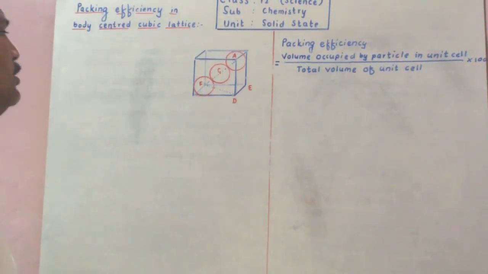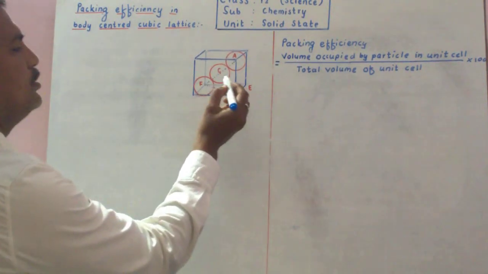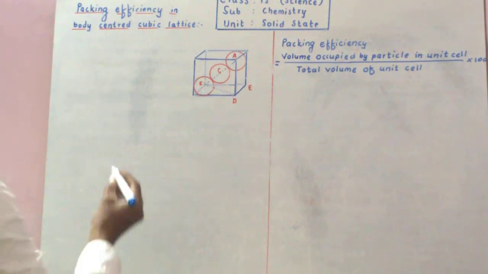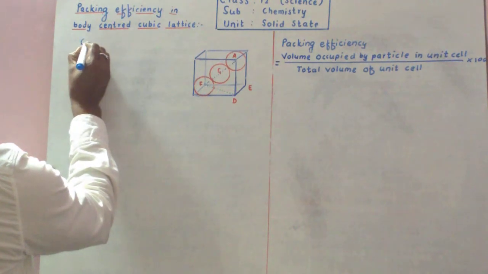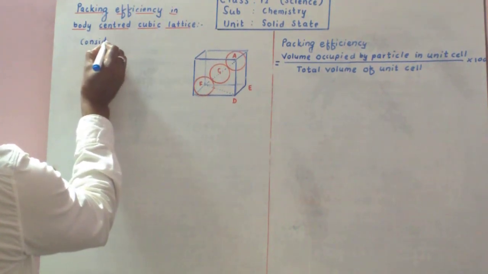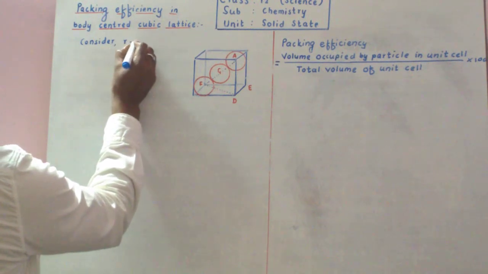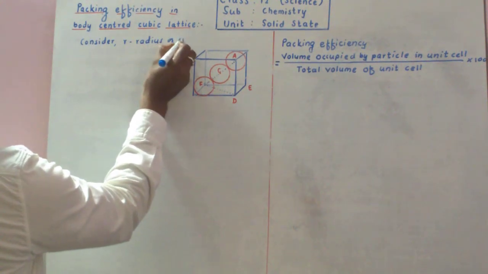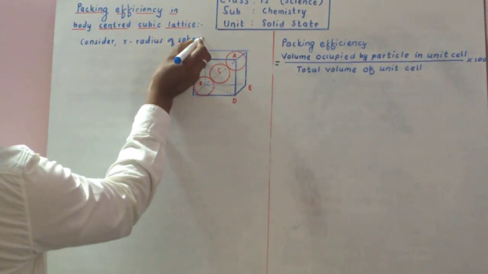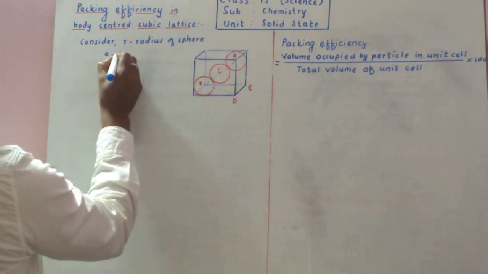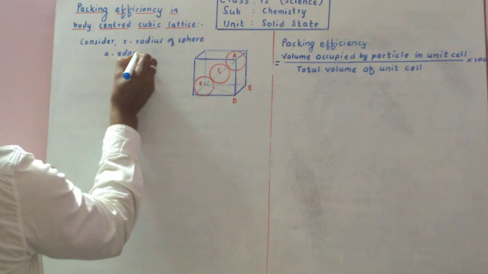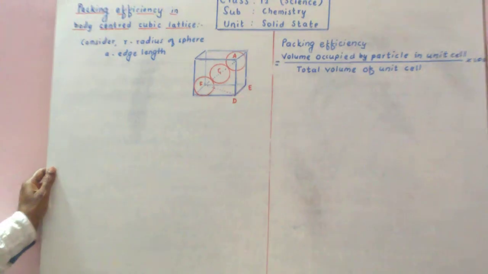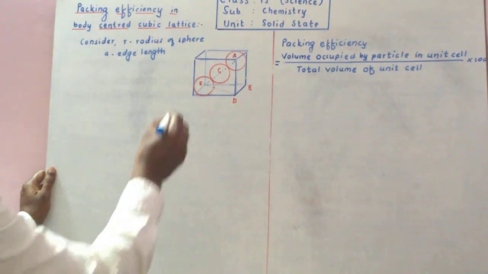So here, consider R as the radius of the sphere, and small a as the edge length of this cubic unit cell.